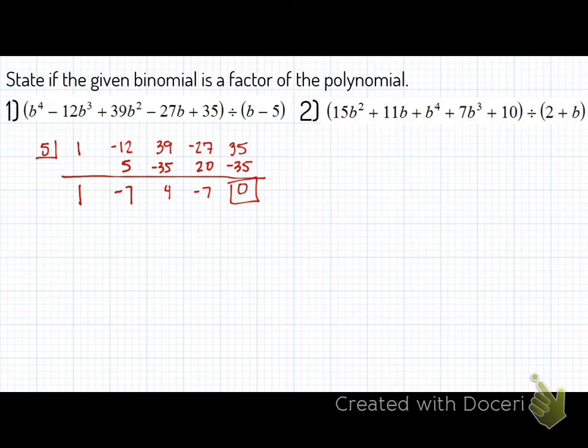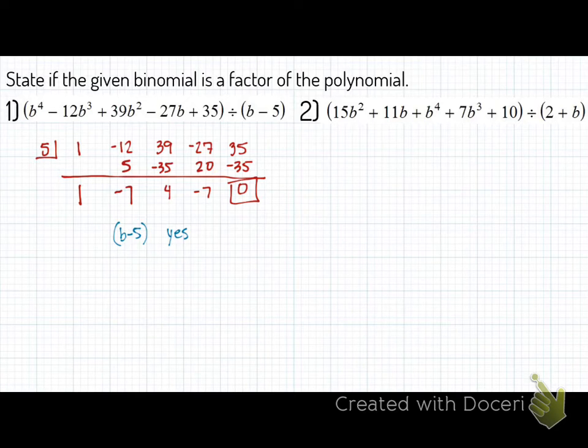The remainder theorem says if there's a remainder of 0, then this is a factor. So is b minus 5 a factor? Yes, b minus 5 is a factor, so we'd write yes. That's all we'd write, because if we multiplied this back out, we would get the original problem. Okay, that's all we're doing today.